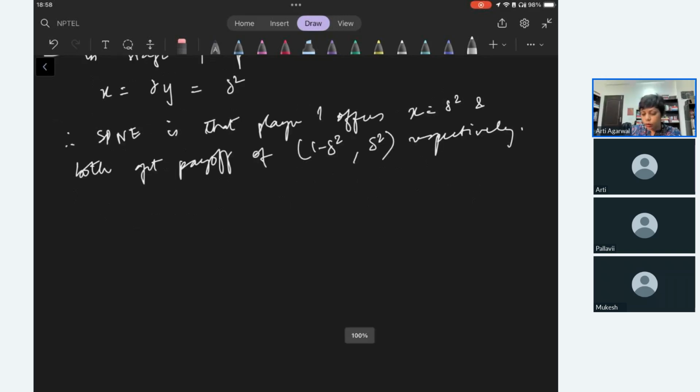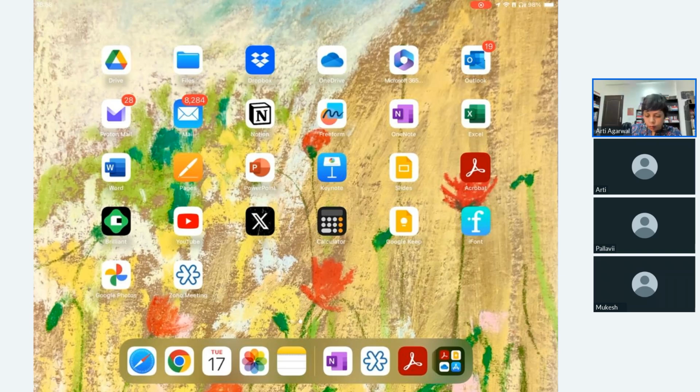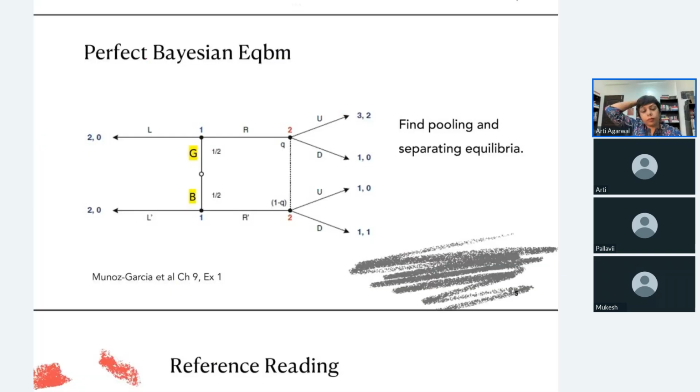Now I will just go through the perfect Bayesian game, and I'm not taking the whole literature of the game. This question I'm taking from the Felix Munoz Garcia book. It's an example in chapter 9, and I've changed the notation a little bit in this question.